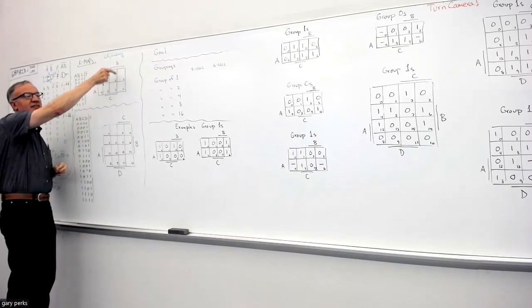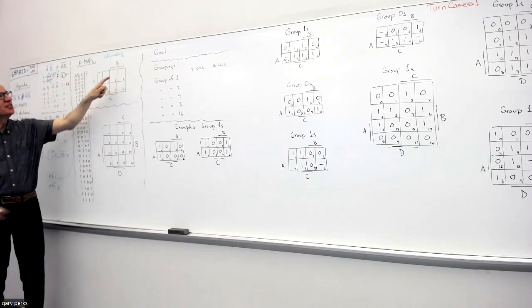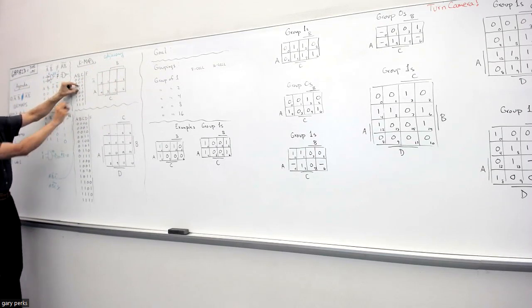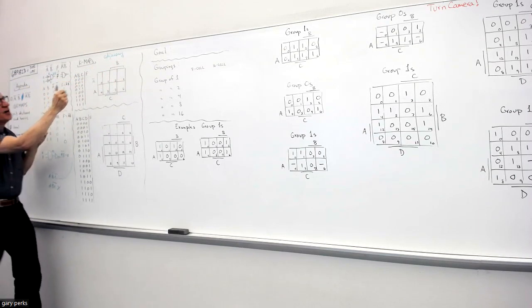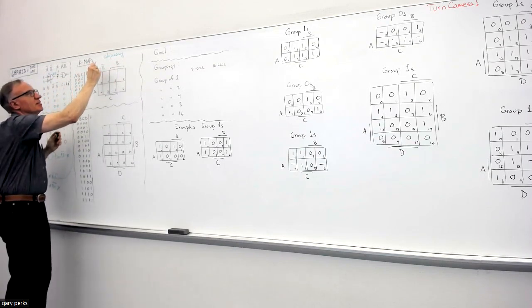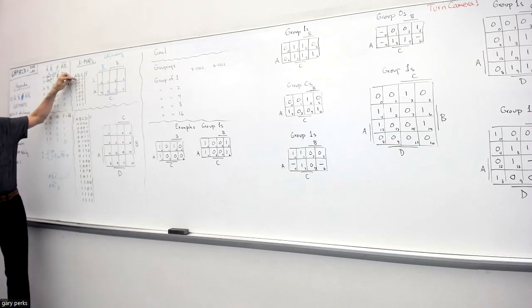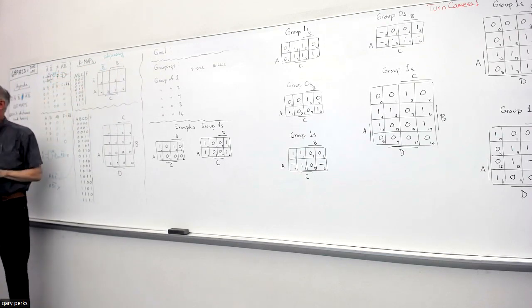B is for these 2 columns, 2, 3, 6, 7. If you look here at the truth table, for 2, 3, 6, 7, B equals 1. Likewise, you could put not B for these 2 columns, because for 0, 1, 4, 5, B is equal to 0.